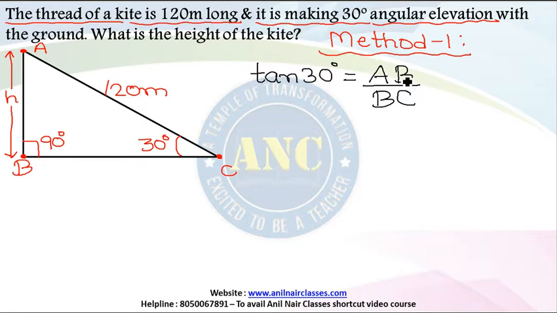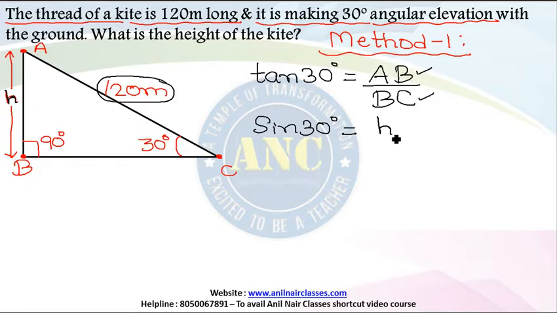You should apply that trigonometric function which involves both the required value and the given value. H is what I require, and 120 is the hypotenuse which is given. Opposite is required and hypotenuse is given, so it is sine. Apply sine 30 rather than tan 30.